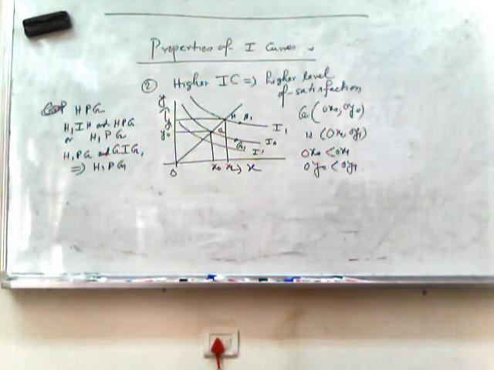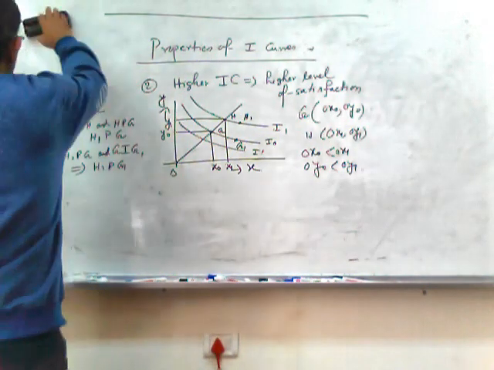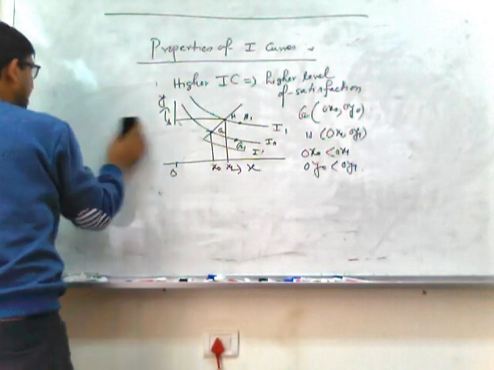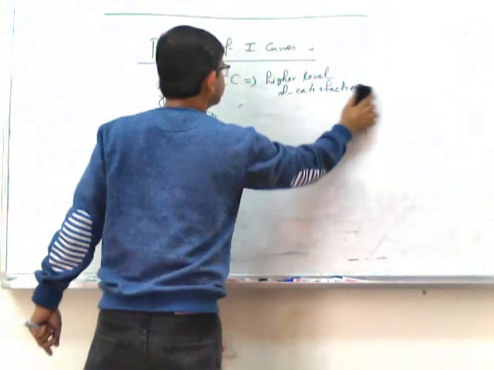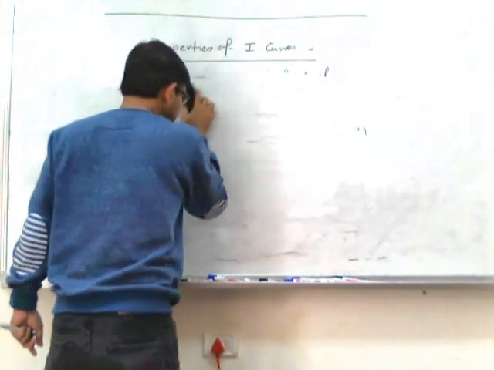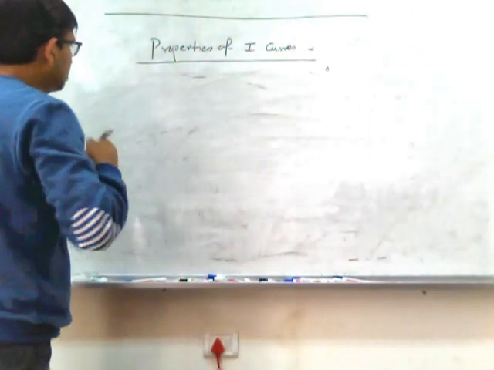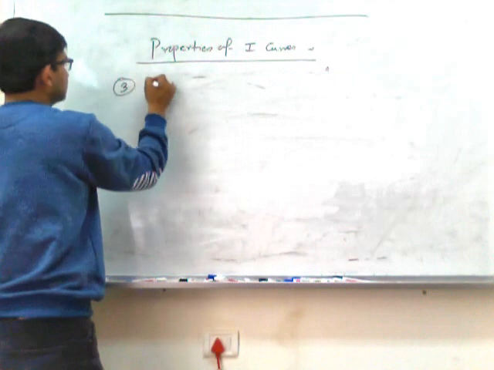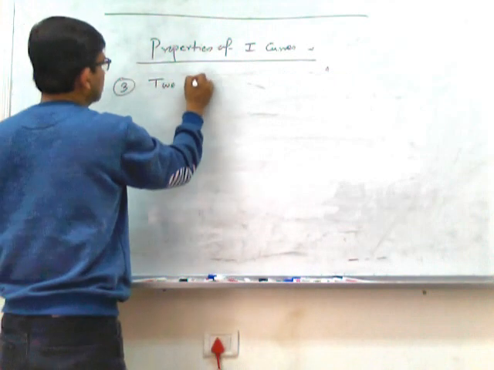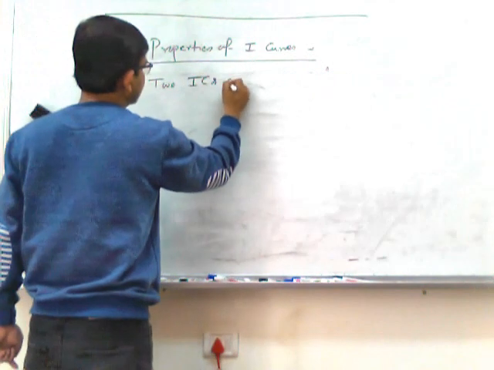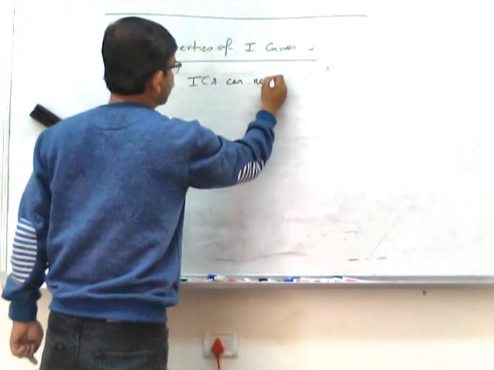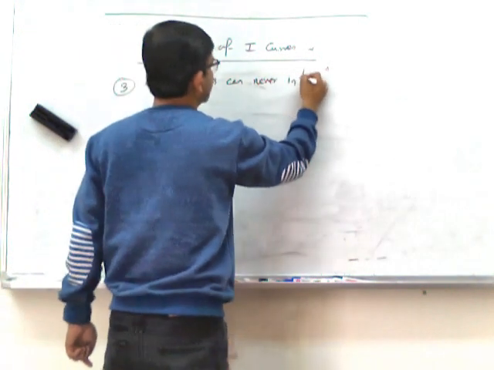Third property is that two indifference curves can never intersect.